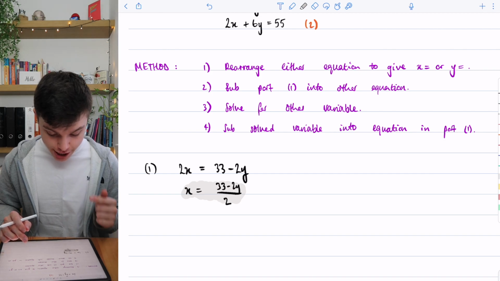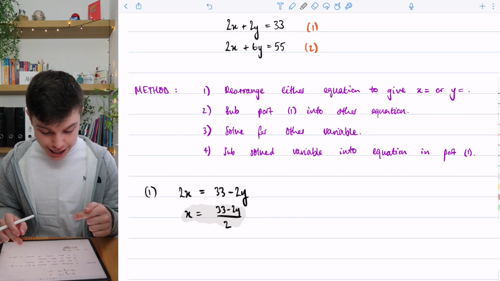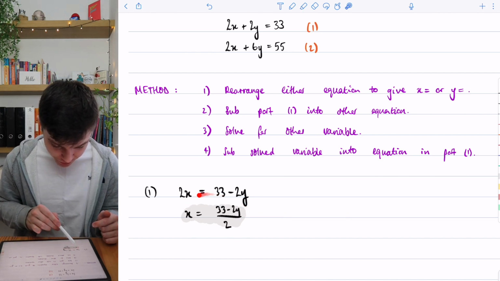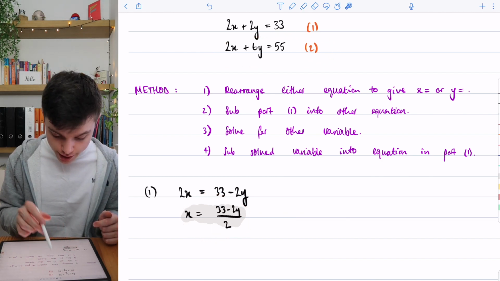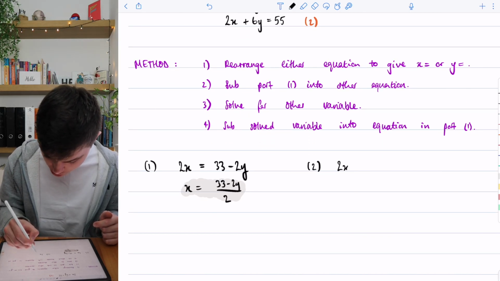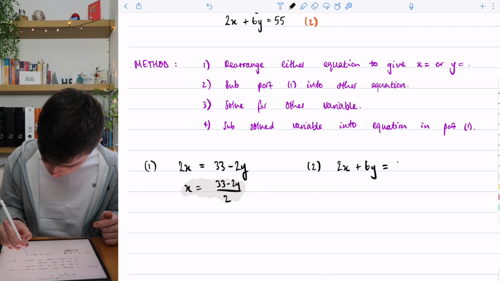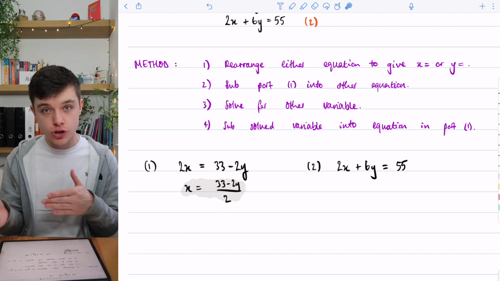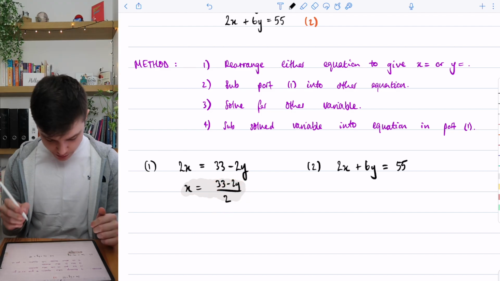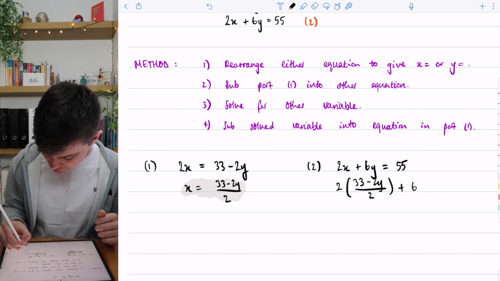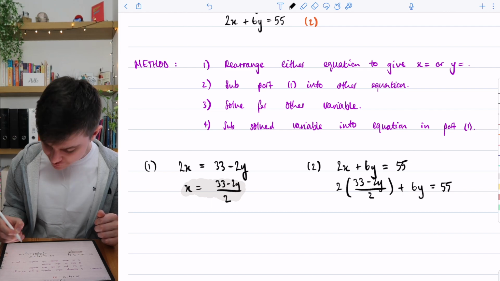So part 2 says substitute part 1 into the other equation. So I'm going to substitute this into equation 2 here. I'll call this now part 2. We're going to get 2x plus 6y is equal to 55, but I know what x is in terms of y, so I can substitute x in here. So we're going to have 2 times 33 minus 2y divided by 2, plus 6y is equal to 55.